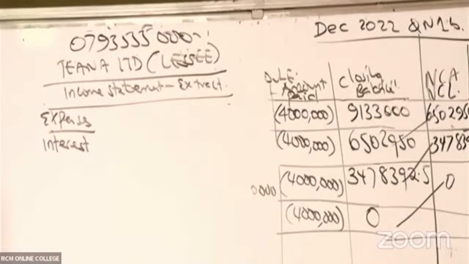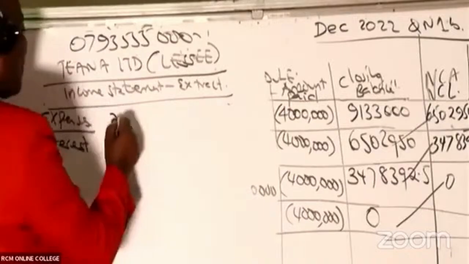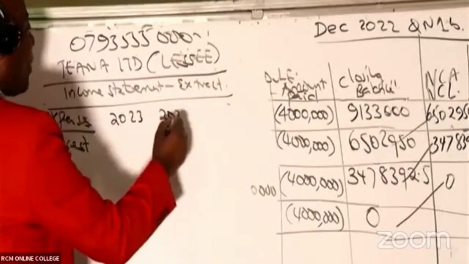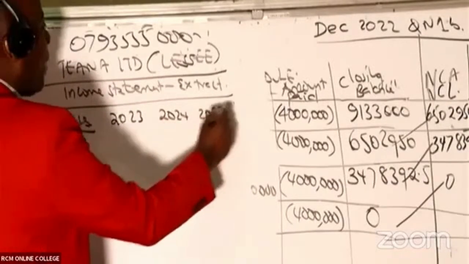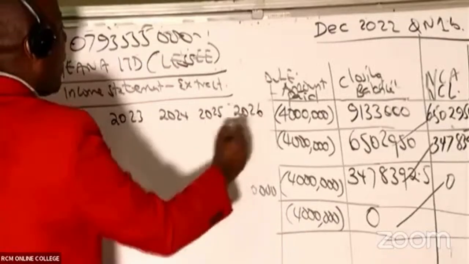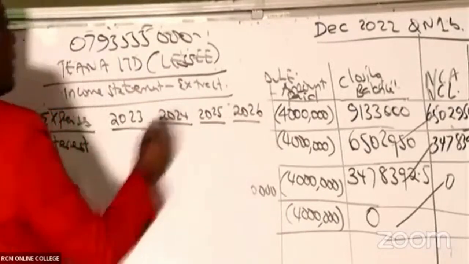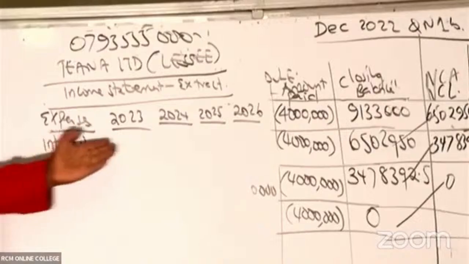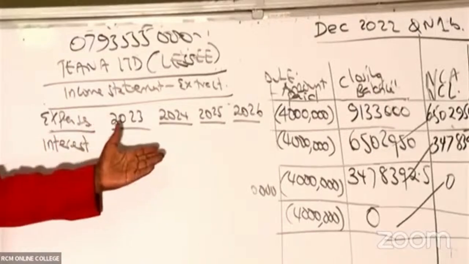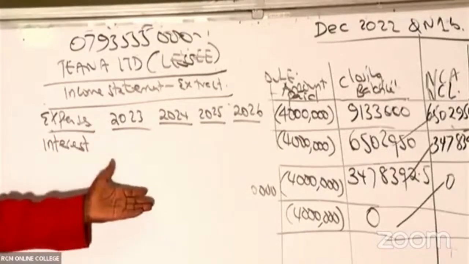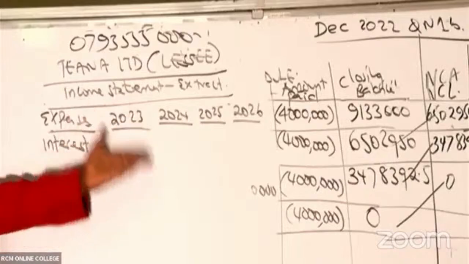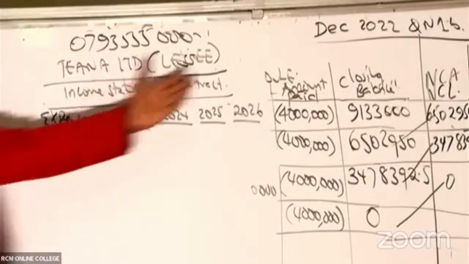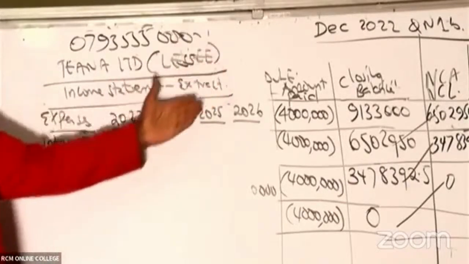So interest over our years, 2023, 2024, 2025, 2026. Unfortunately, I had rubbed mine, but I suppose you have this interest expense, the column with the interest. Are you able to fill it yourselves?